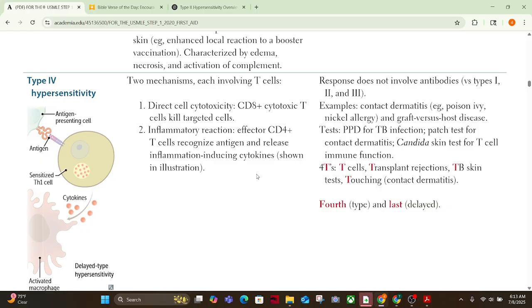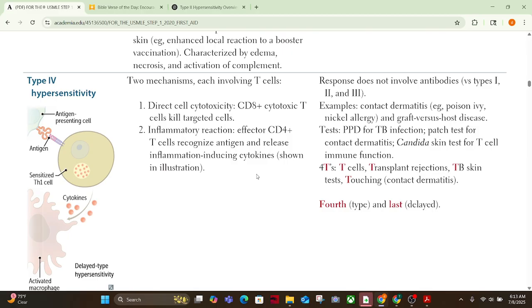Macrophages make IL-12 to increase the Th1 population. And then Th1 cells make more interferon gamma, which then activates more macrophages. So this is a positive feedback loop. The macrophages and the Th1 are both helping each other to stay up in population.